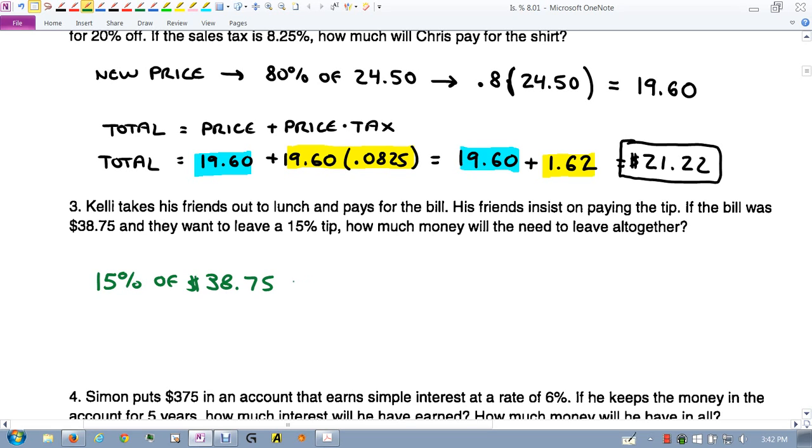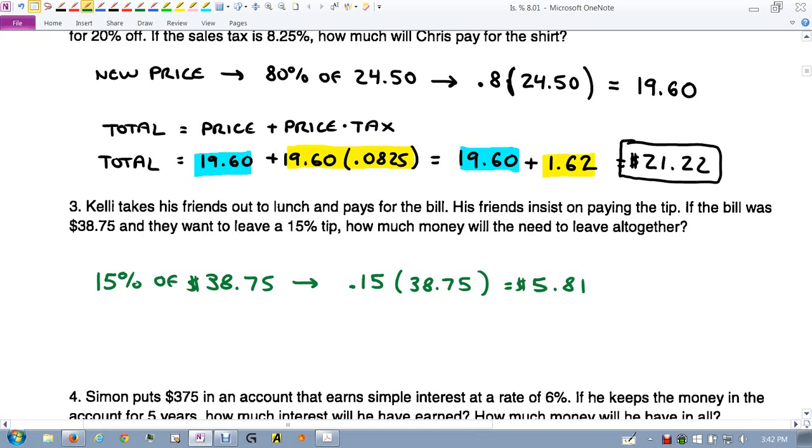So multiply 0.15 times 38.75. What do you get? That's a terrible tip.